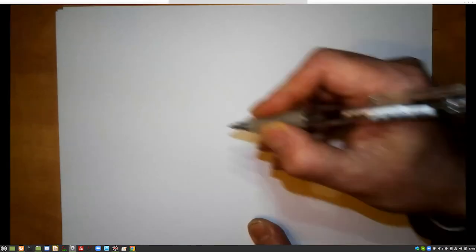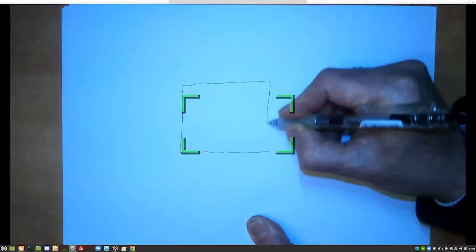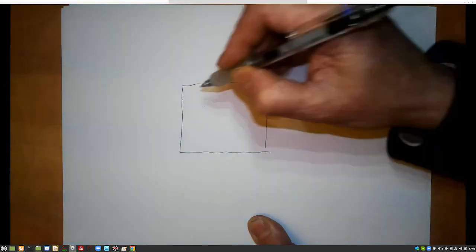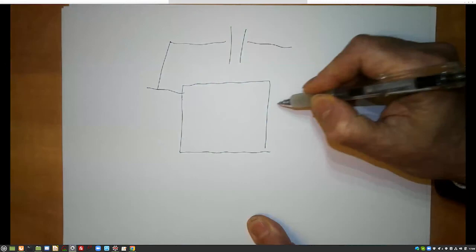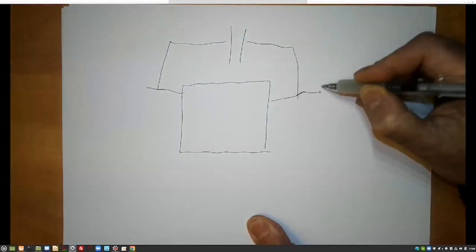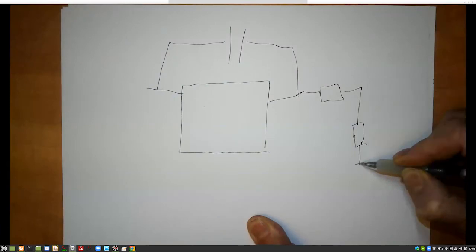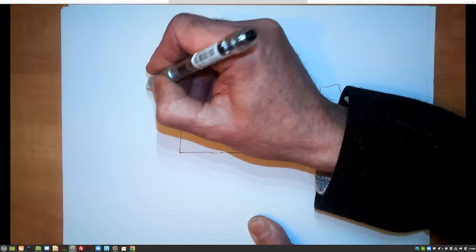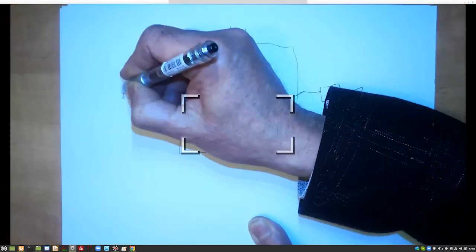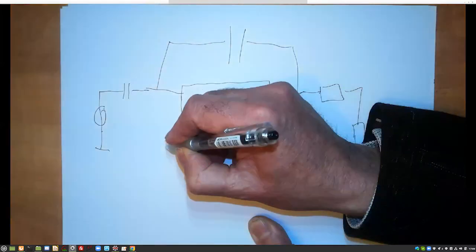So we wanted to make an amplifier with an integrating transimpedance amplifier, brute force 50 ohm, and a load. And the source was a voltage source, a capacitive voltage source.